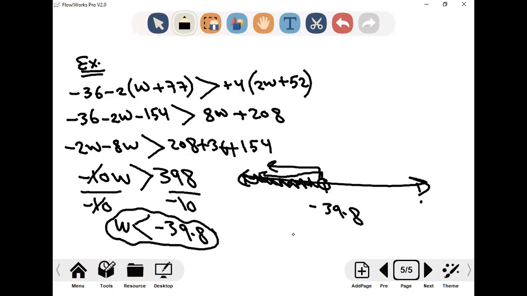Then 10. Now go down: 12, 13, 14, 15, 16.